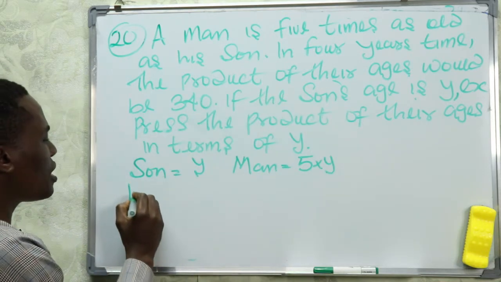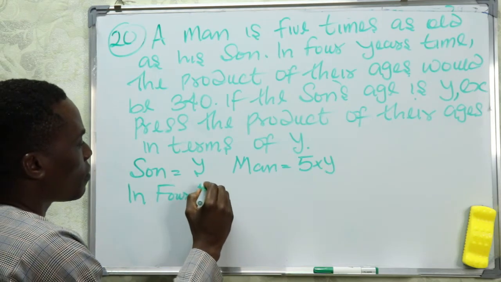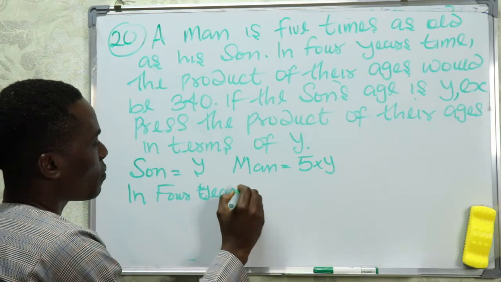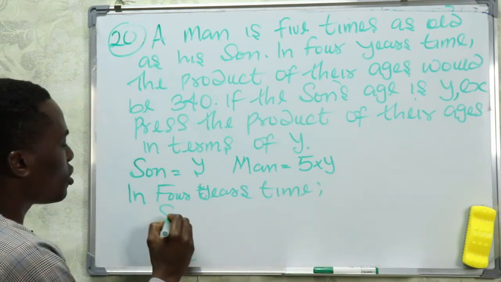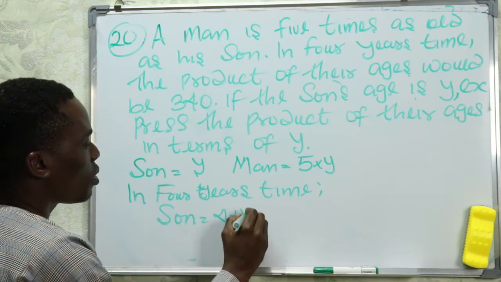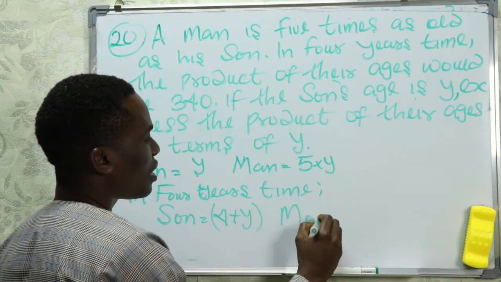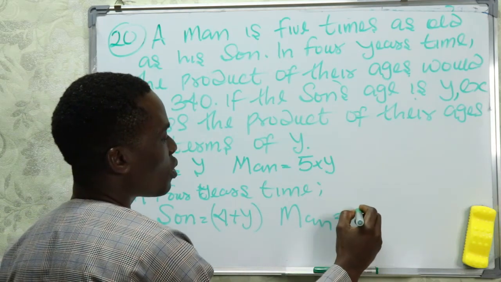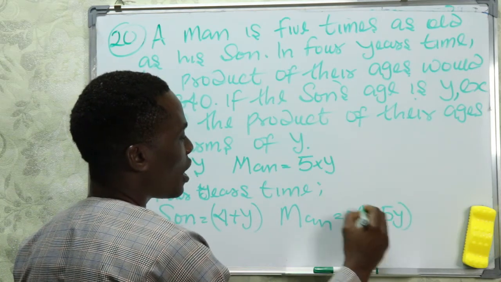Now in 4 years time they told us that the product of their ages will give us this. So in 4 years time, the son will be equal to 4 plus y, and the man will be equal to 4 plus 5y.